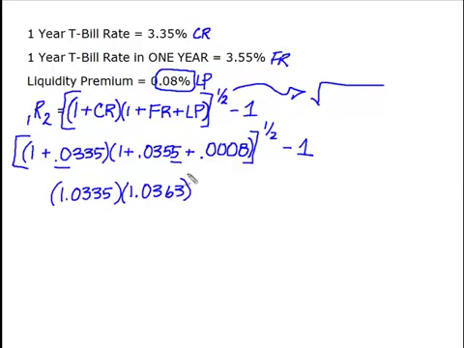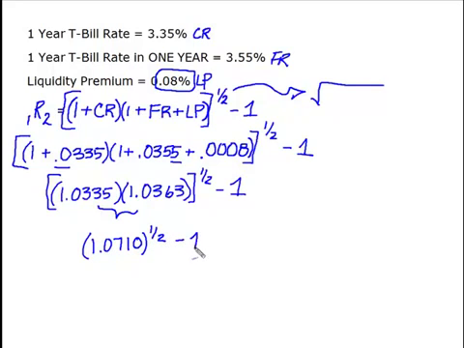Don't forget, I still have Mr. 1/2 up here, right? Still got to subtract it from 1 because I'm doing a rate. So I'm going to multiply those two guys inside here together, and it's going to give me 1.0710 to this ridiculous power of 1/2 minus 1.